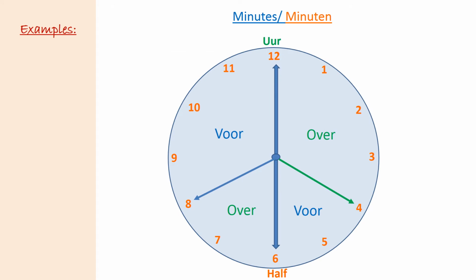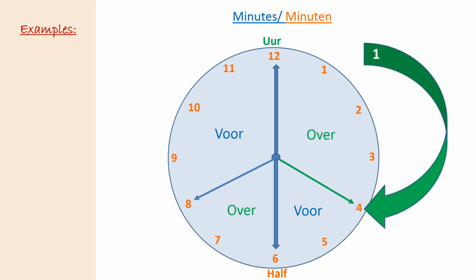On this slide, let's see the rules concerning reading the minutes. First, from 0 to 20 minutes, we say the number of minutes plus over plus uur. If you see the first example, 14:12 is 12 over 2. Second, from 20 to 30 minutes, we say the number of minutes plus 4 plus half uur.